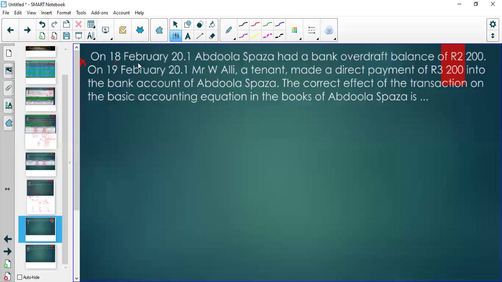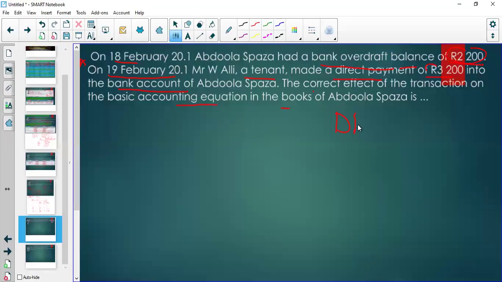So we have an entity which had a bank overdraft balance of 2,200. Then on 19th February, the following day, a tenant made a direct payment of 3,200 into the bank account. So we had a bank overdraft, and then somebody deposits money into our account. So they want the correct effect of this on the basic accounting equation.